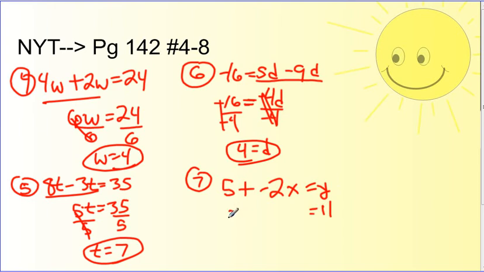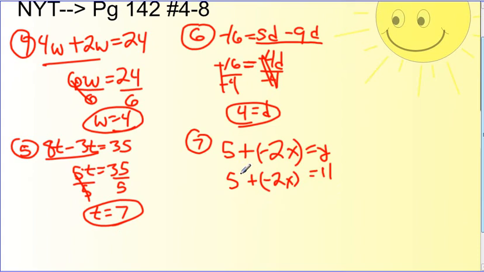So 5, a plus and a negative next to each other look kind of ugly. Sure, we'll do parentheses to make this a little bit prettier. Alright, so the y value is 11. So let's go through here. We're going to get rid of the add and subtract, so minus 5 here, minus 5 there.